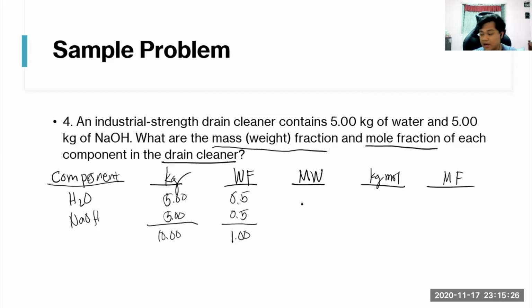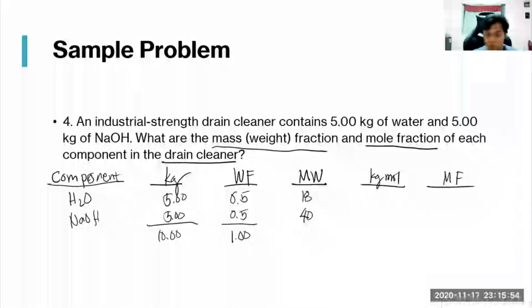If you sum this, you have 1. Then we have to get their molecular weight. So water is approximately 18, and then the sodium hydroxide is 40. Now we have to get the kilogram moles of our components.